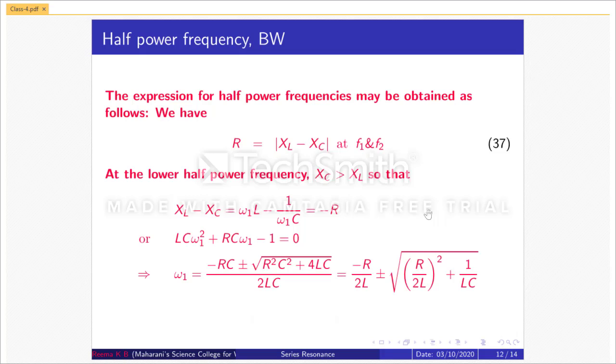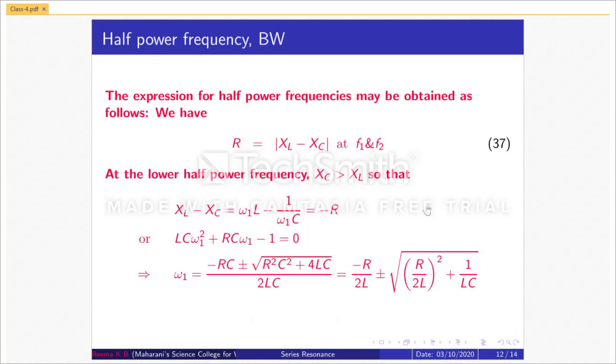The expression for half power frequency may be obtained as follows. We have XL minus XC is equal to R at the lower and upper cutoff frequencies, that is F1 and F2.